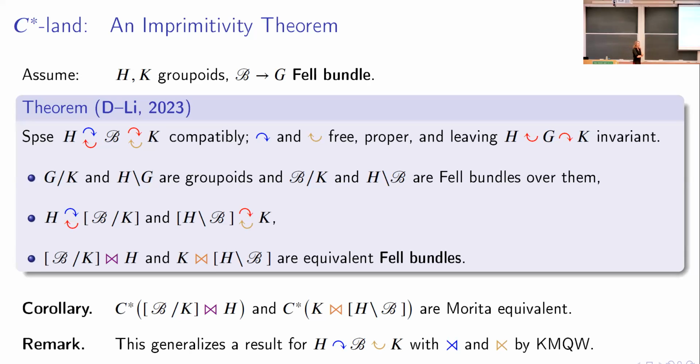So I just mean the existence of an imprimitivity bimodule. So I should probably just say there exists an imprimitivity bimodule between the C-star algebras. It's just a little easier to say Morita.